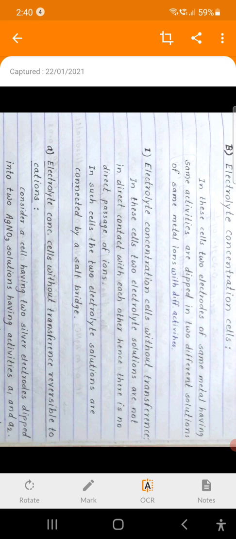In electrolyte concentration cells without transference, the cells consist of two electrolyte solutions. The electrolyte is the same, but the concentration is different. These two solutions are not in contact with each other, and therefore the cell is known as without transference.